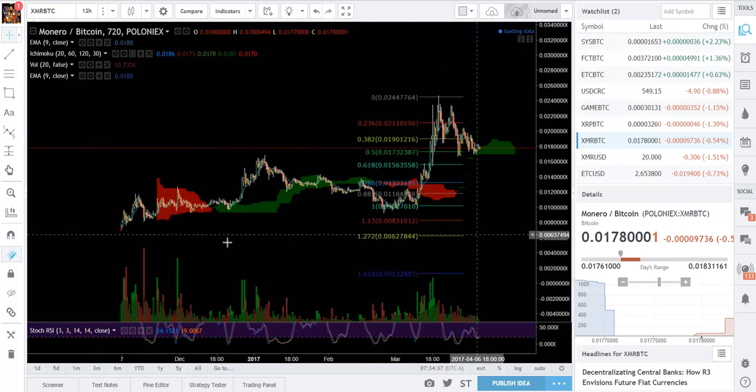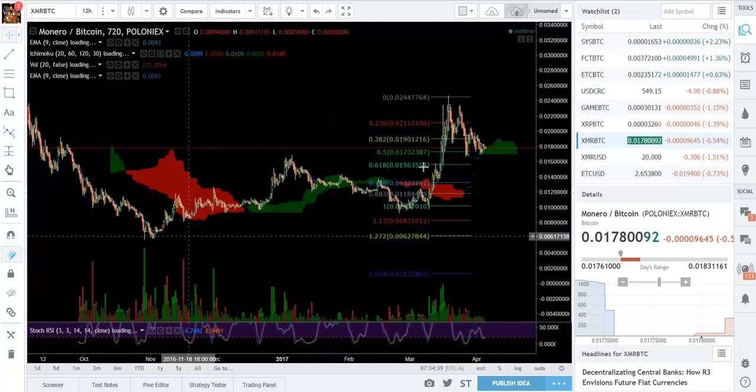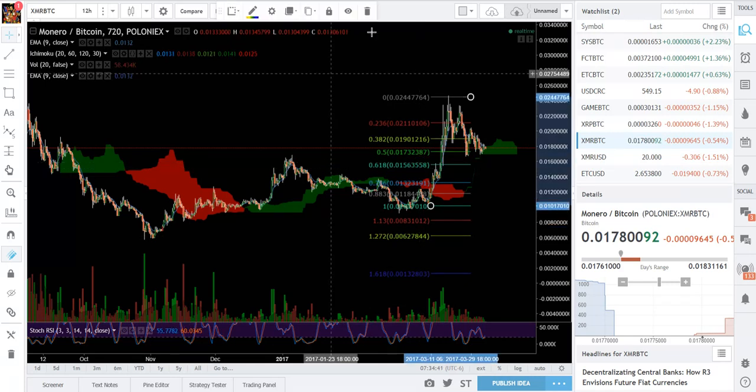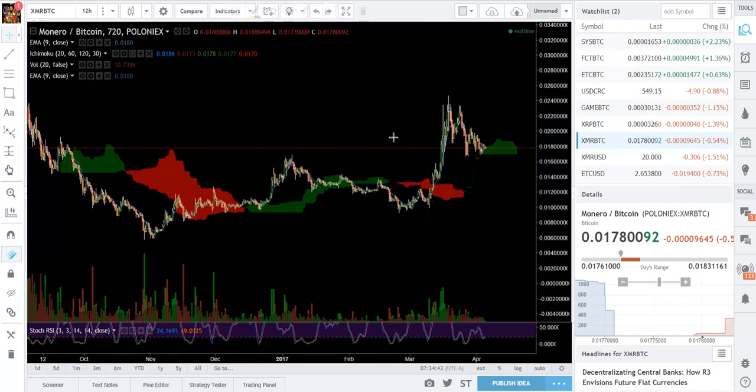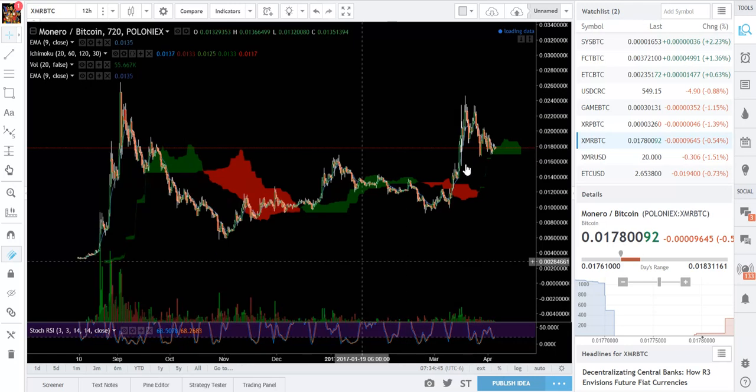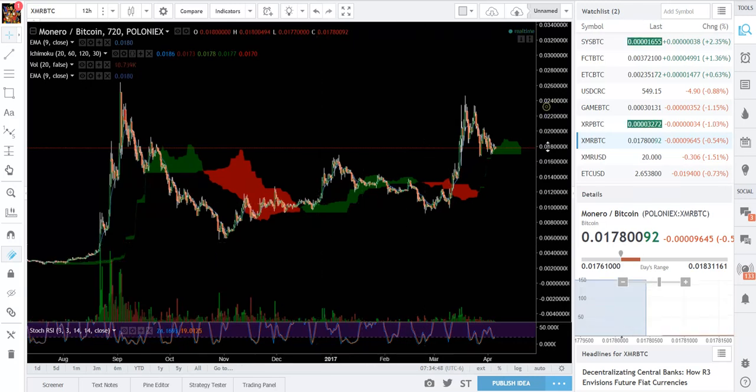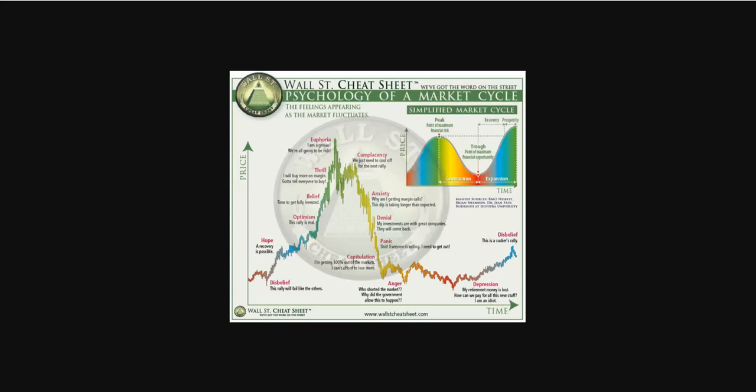So I want to show you here what I think we're actually doing, and how this is probably going to lead into something larger. Because first of all, when we look at the emotional cycle, now this is just general markets. This is not a chart that was made for cryptocurrency. We see disbelief here, and then we see disbelief here.